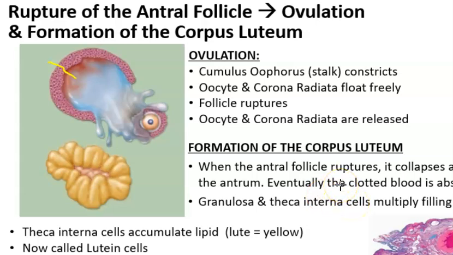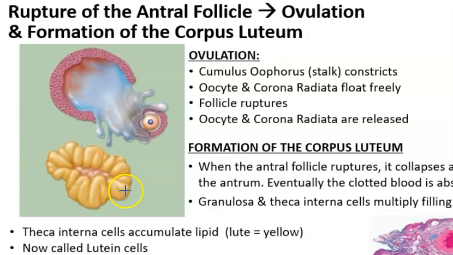Eventually the blood clots and it's absorbed. Now the granulosa cells that remain and the thecal cells, not drawn on this picture, on the outside are going to multiply by mitosis and fill up that antrum and, of course, repair the wall, so to speak.